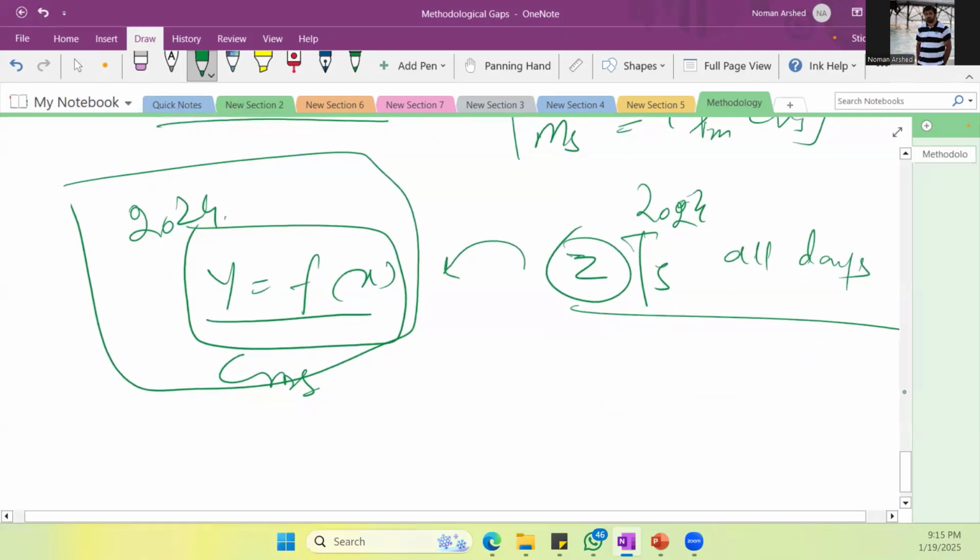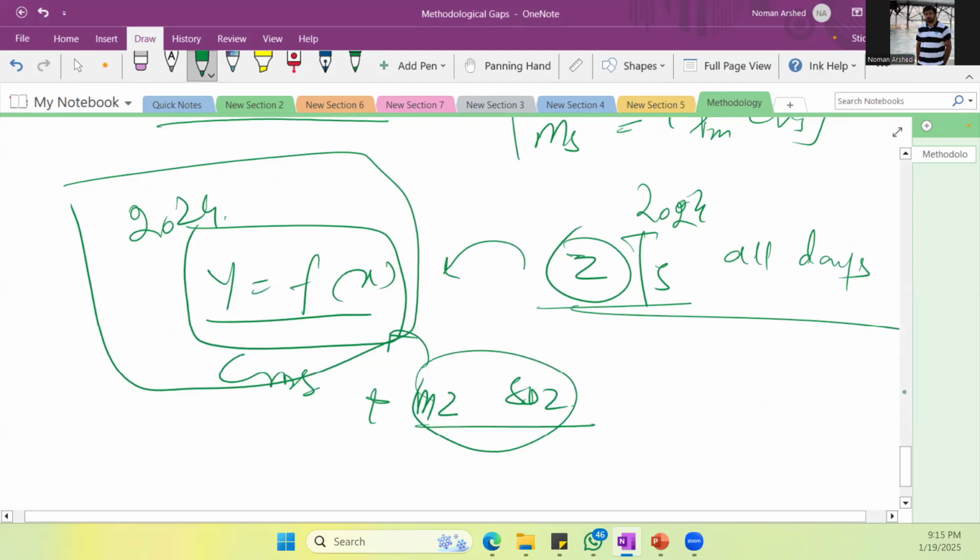If I don't have sub-regional data, like I'm surveying districts of Pakistan, but the time series data is only for Pakistan, not for districts of Pakistan, then I can have the mean of Z as one variable and the standard deviation of Z as another, so I can use these two variables in my model.